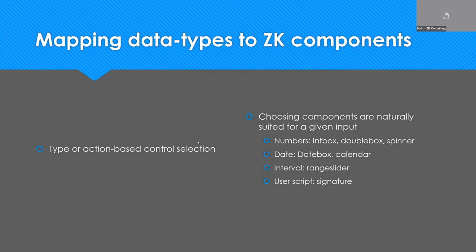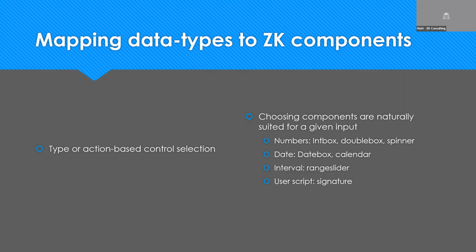Let's say, for example, you want to input a number, and in addition to typing the number directly, you want to give the end user the opportunity to input that number in a more interactive fashion. Maybe you want to give them a set of pre-selected values. Maybe you want to give them a spinner in order to quickly change values up and down instead of just having to type with the keyboard.